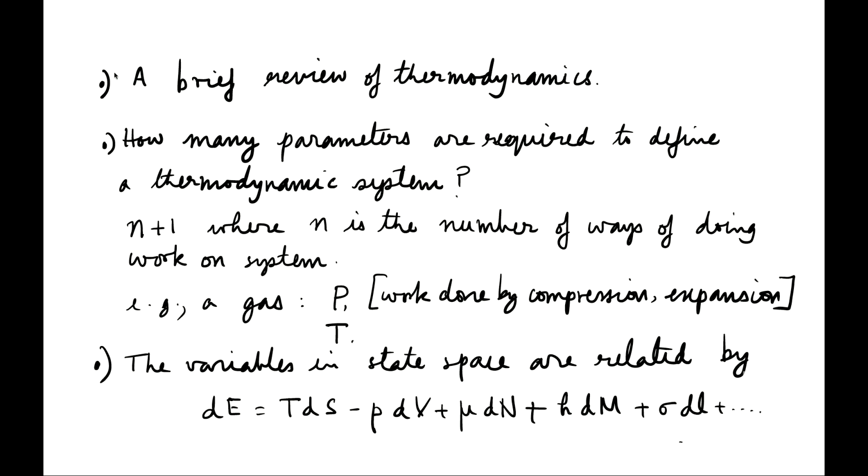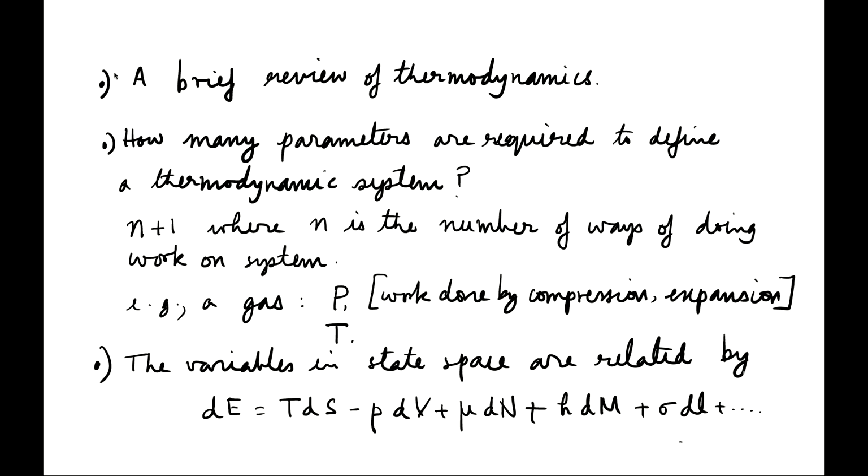Now, whatever that may be, there is the first law of thermodynamics, the second law of thermodynamics, and all those things. But after all that, there is one fundamental relation in thermodynamics. Heat is also there.